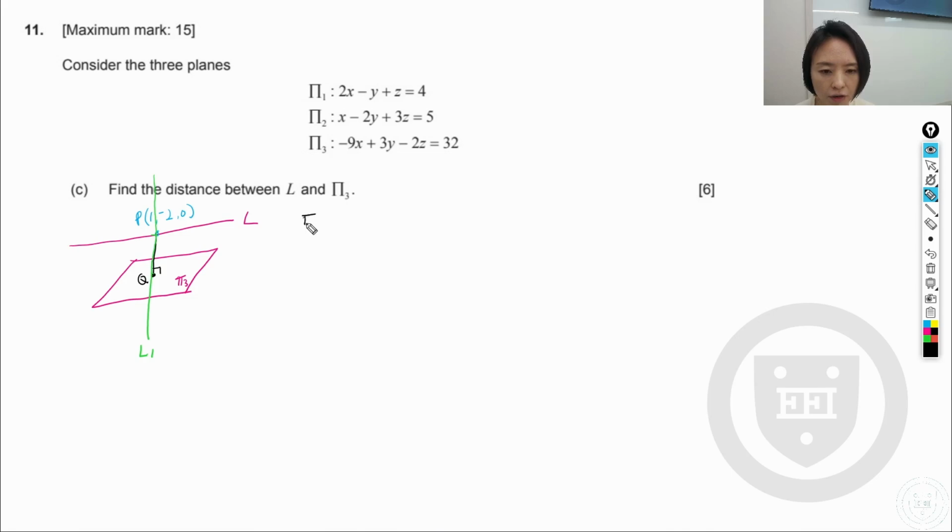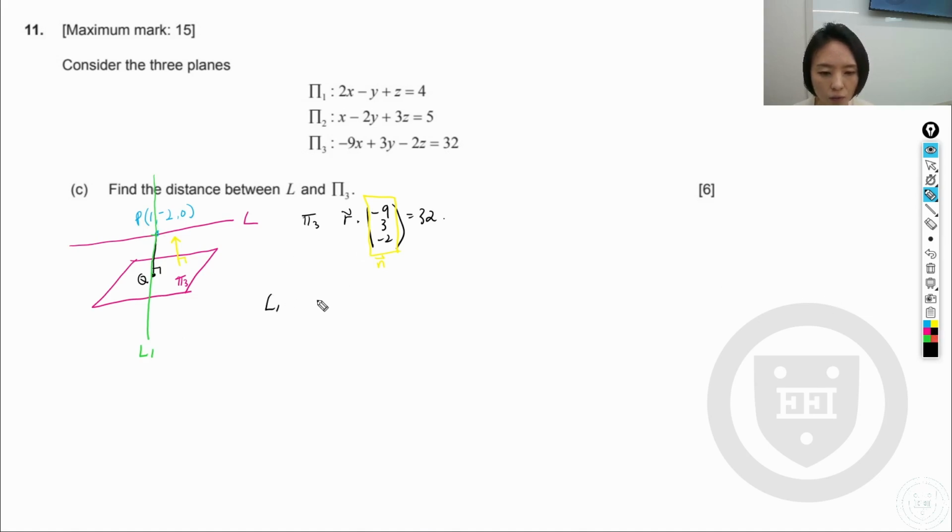Pi3 is r dot (negative 9, 3, negative 2) equal to 32. And since (negative 9, 3, negative 2) is the normal vector of the plane, that means it is the direction vector of L1. We know that P lies on L1 as well.